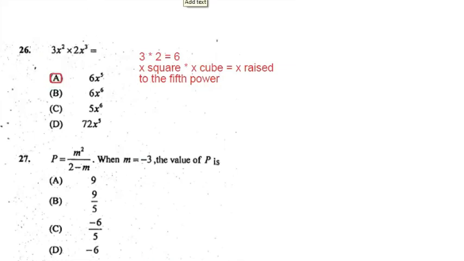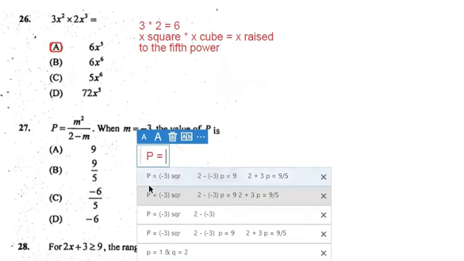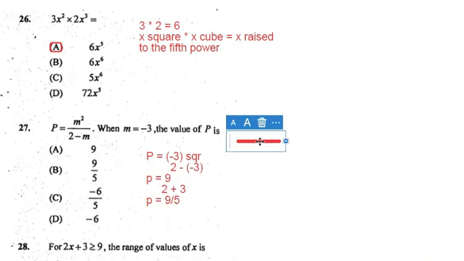27. If p is equal to m squared divided by 2 minus m, where m is equal to negative 3, then the value of p is... So wherever we see m, we will replace it with negative 3 in the equation. So therefore p is equal to negative 3 squared, and all of that is divided by 2 minus negative 3 in brackets.